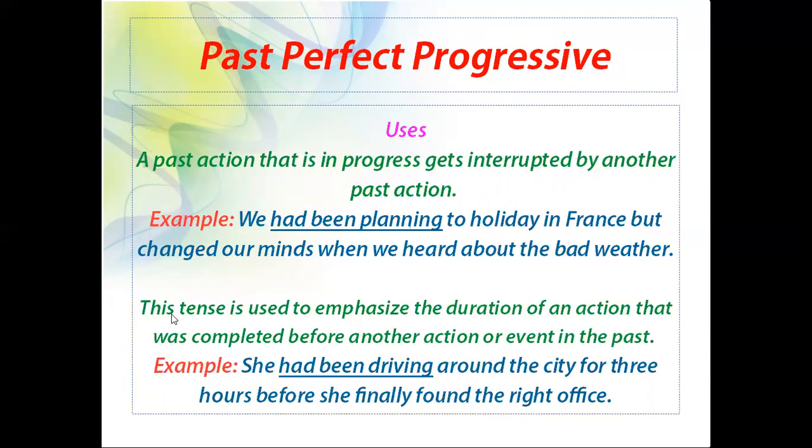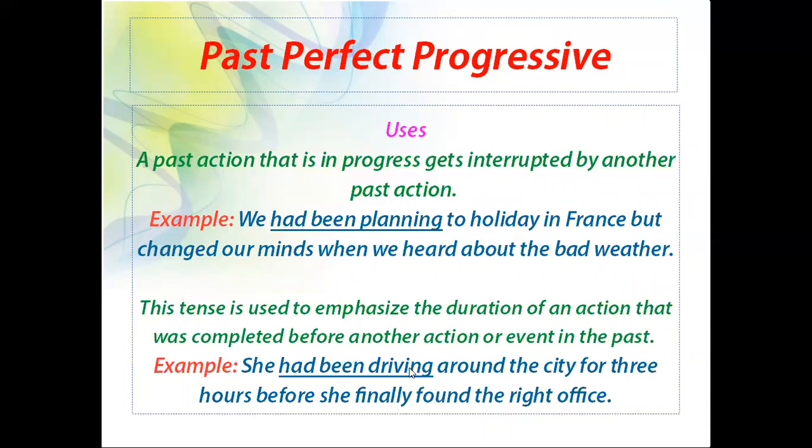Next one is, this tense is used to emphasize the duration of an action that was completed before another action or event in the past. So listen carefully. See the example.